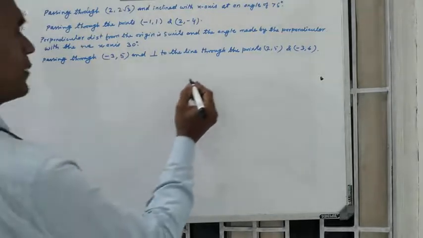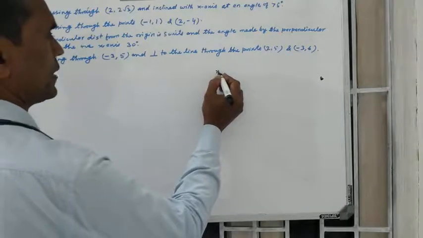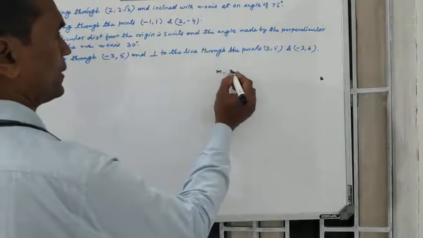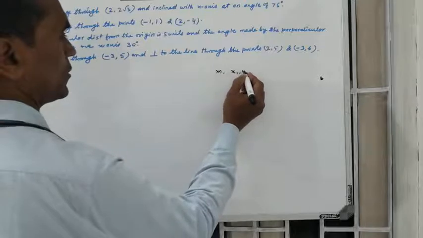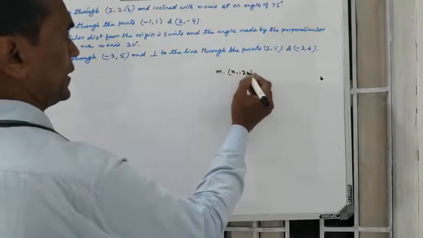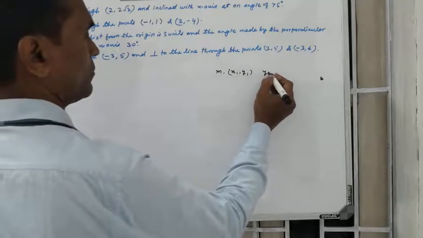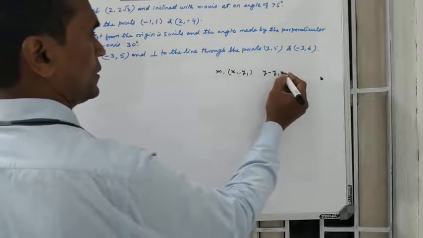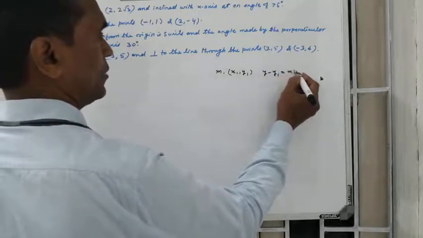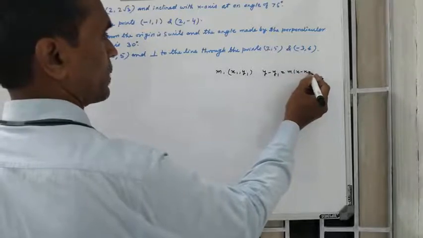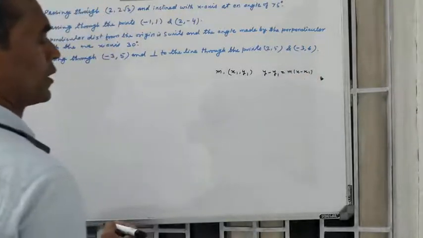In slope point form, slope is given and one point is given, x1, y1. Then equation in this form will be y minus y1 is equal to m into x minus x1.